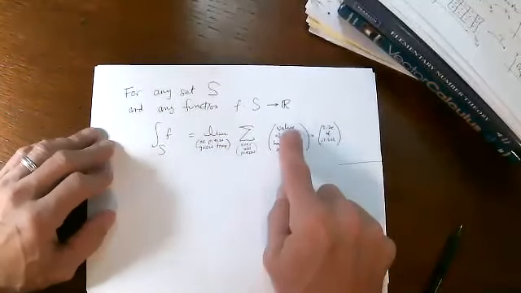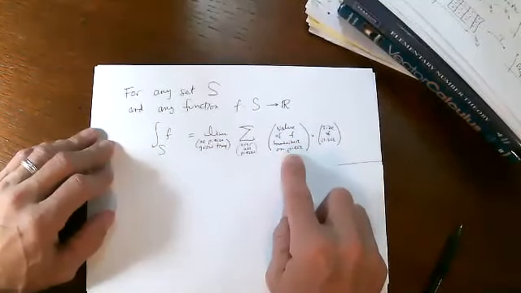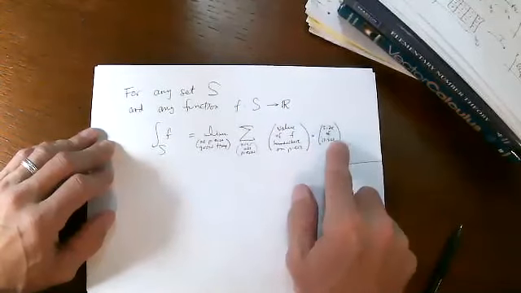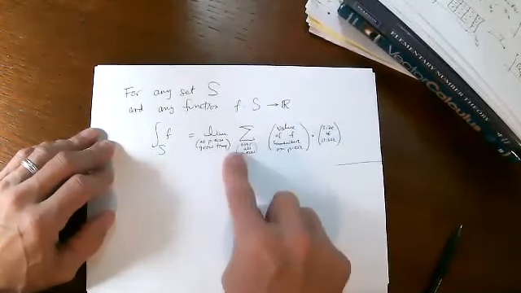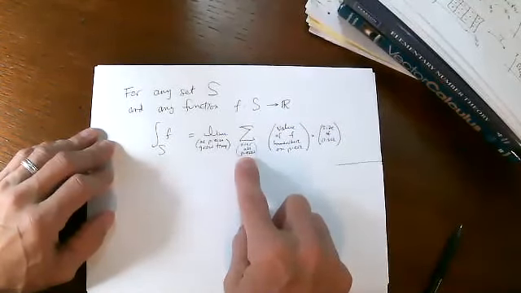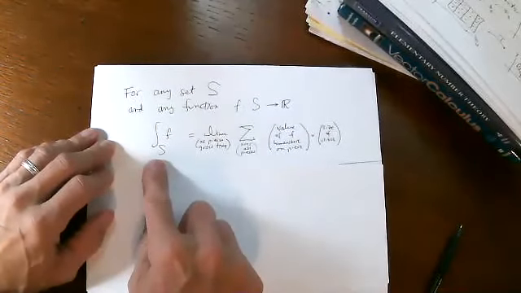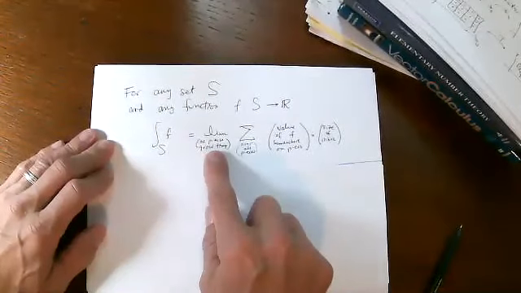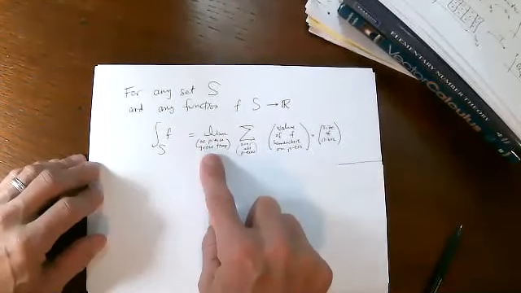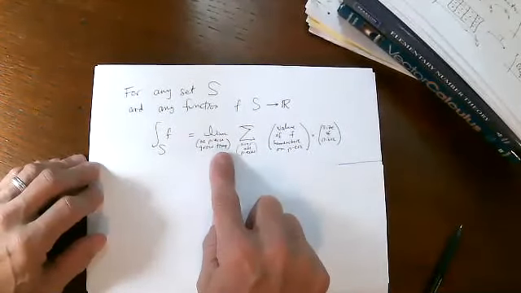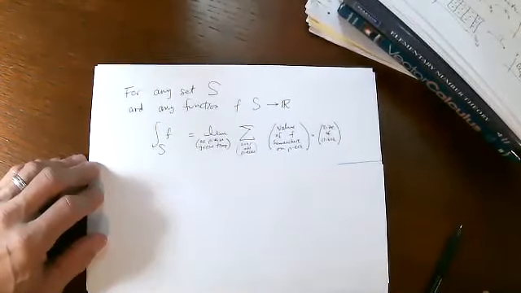Pick a point in each little piece and evaluate the function f there, and multiply that by the size of the piece. You add that up over all the little pieces, and you've got something that more or less approximates what you meant to calculate in the first place. It'll be an approximation, but the approximations will grow better as the pieces grow tiny. So it's some kind of limit like that.